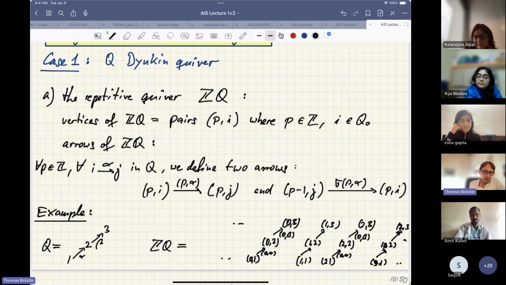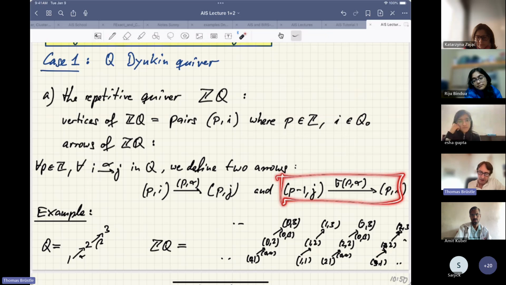And then what about the arrows? For every arrow here, I give myself one copy of this arrow throughout all integers. That's good. But then I also add one arrow between the preceding copy, reversing i and j. So what is this going to be?